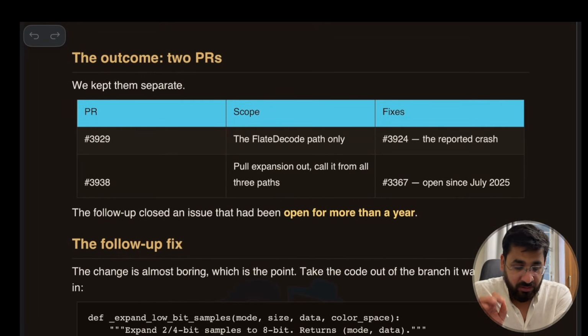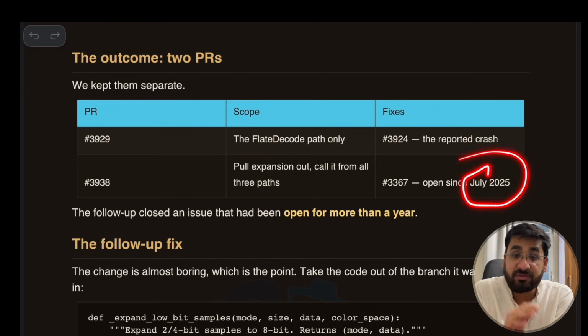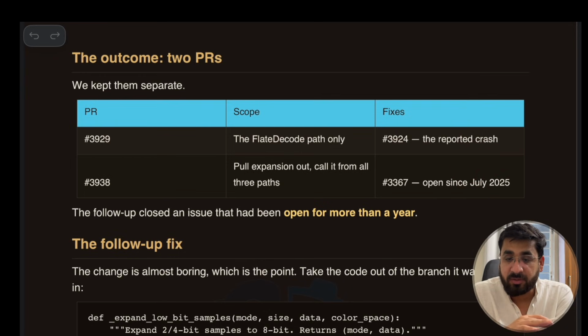Do you believe me, this problem was open since July 2025? It was there before my fix, in the generalization of my fix.